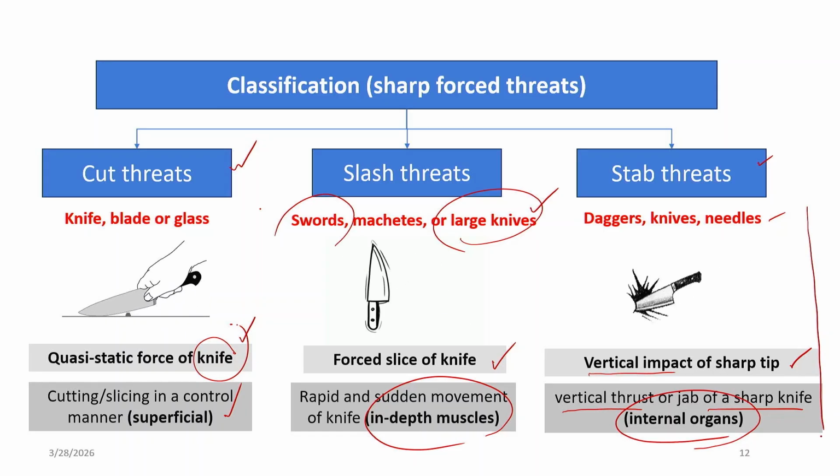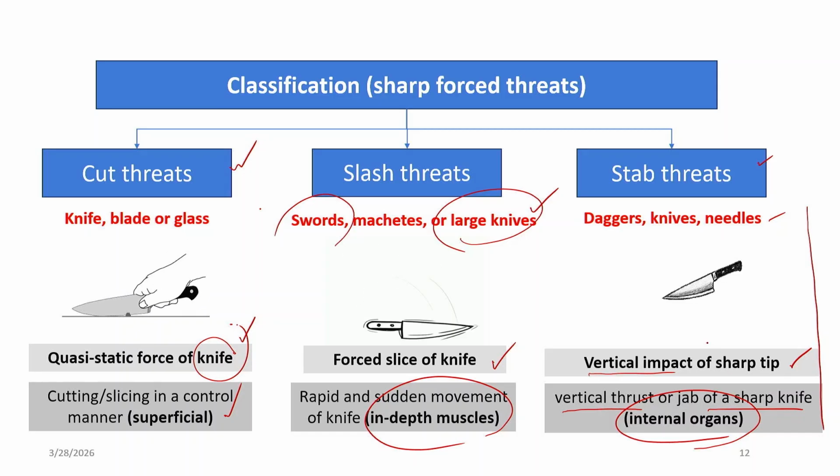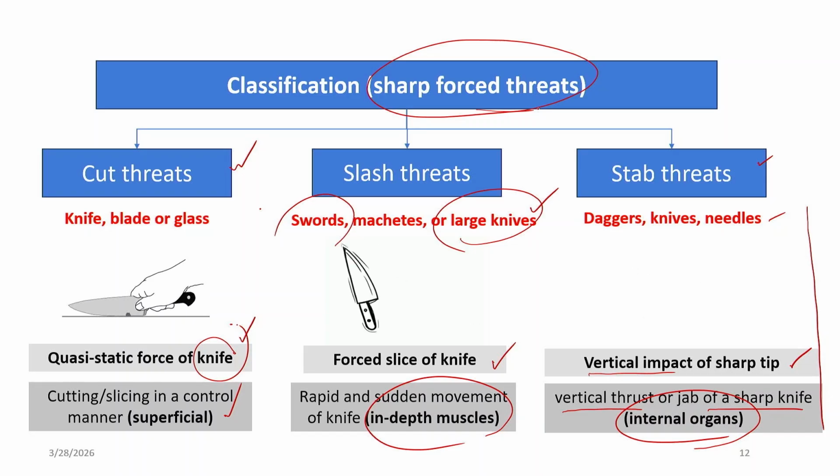So, we see that these are very important aspects. We will deal with all these threats separately. They are classified as sharp force threat objects, but their mechanisms are entirely different. Cut mechanisms are different from slash, and stab is different from cut and slash.